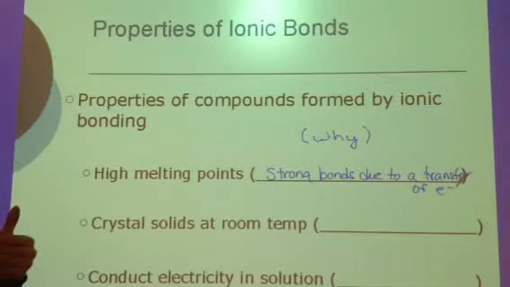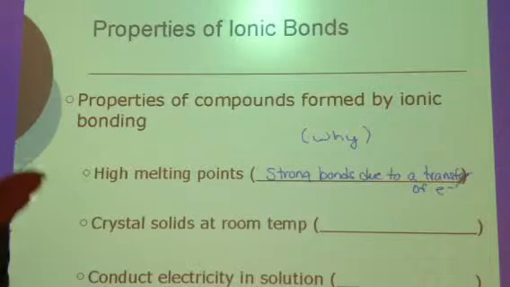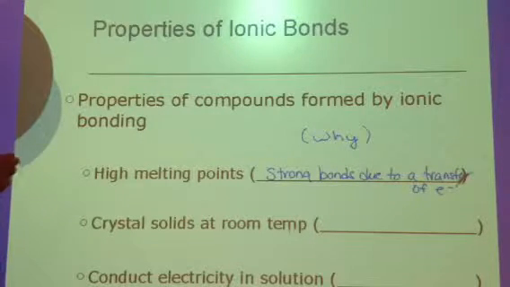Because one loses, that element is very strongly bonded to its partner that has gained those electrons. That bond strength is very strong, so it takes a lot of energy, a lot of heat to break those bonds, and thus ionic bonds have high melting points.